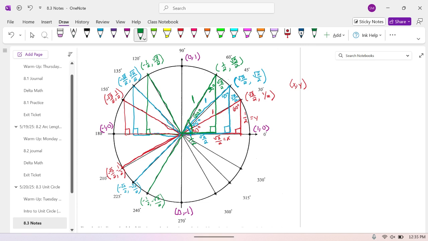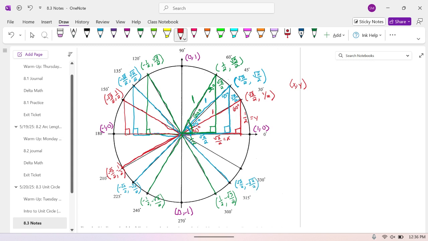Now, how far away is 300 from 360? 60 degrees. So this would be 1/2 is positive, and then negative square root 3 over 2. 315 is 45 degrees away from 360, so this would be square root 2 over 2, negative square root 2 over 2.